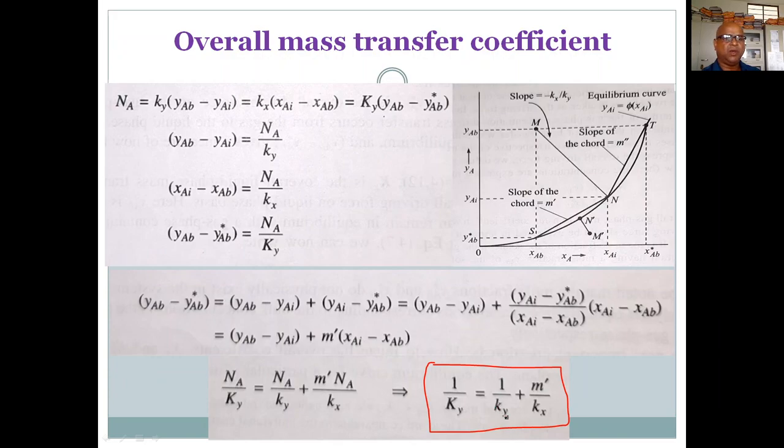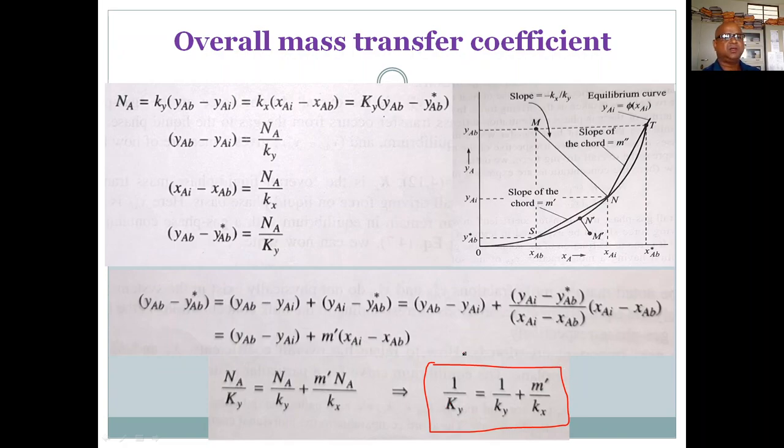The 1 by ky, this is the resistance of the gas phase, and m dash by Kx, this is the resistance of the liquid phase, and 1 by capital Ky, this is the overall resistance based on gas phase basis, because capital K is the mass transfer coefficient. The reciprocal of mass transfer coefficient is your resistance.